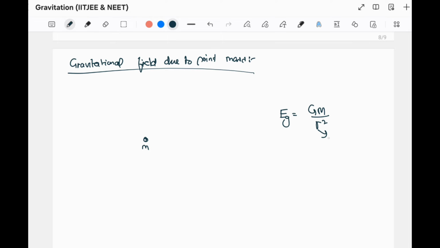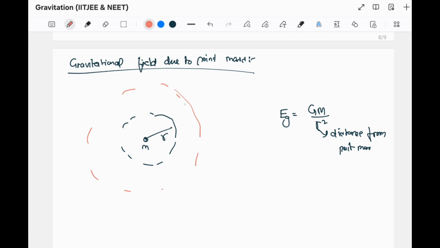Okay. So field is an area, so r is the distance from the point mass. Means listen, field is an area. Okay. So if I make this much radius, this will be r. If I make another radius, means I want to find field strength, means how much force you will experience when you are here or any mass is here. Okay. So here the radius is different, so you can say r1 and r2.